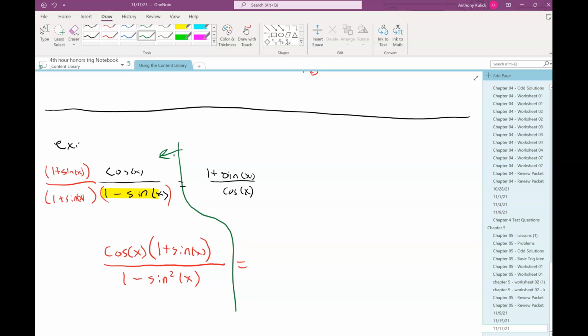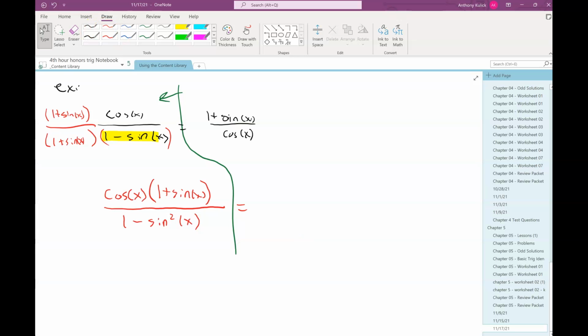If you did the right side, you'd multiply the top and bottom by 1 minus sine, still doing the same thing. Is everybody okay with how we got to this line here? Did you catch the reasoning that I used to decide to multiply by 1 plus sine x over 1 plus sine x? That's a trick that you'll use more than once. That's something you'll want to remember. Put that in your back pocket.